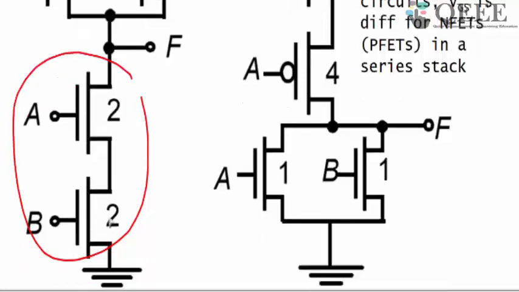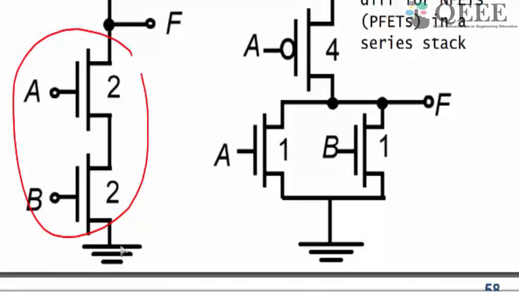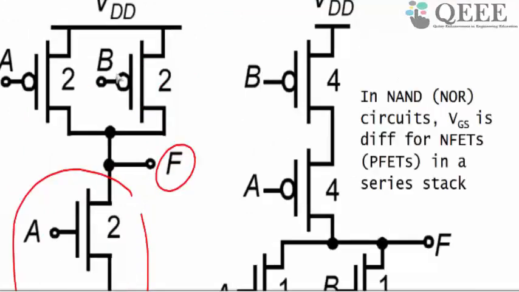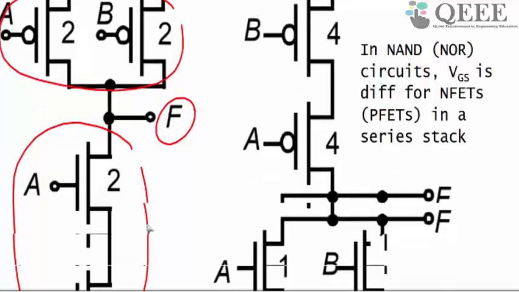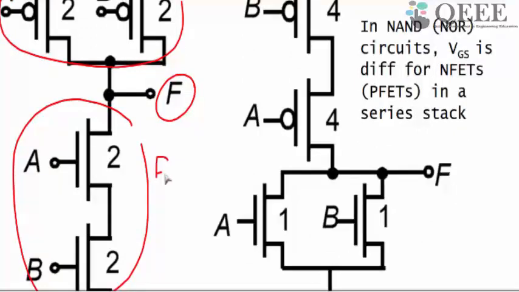It is connected to ground here, the output is taken here, and it is connected to the supply voltage through a parallel combination of two PMOS transistors. This is NMOS. So, the function is output equal to (A dot B) complement. This is a NAND expression.